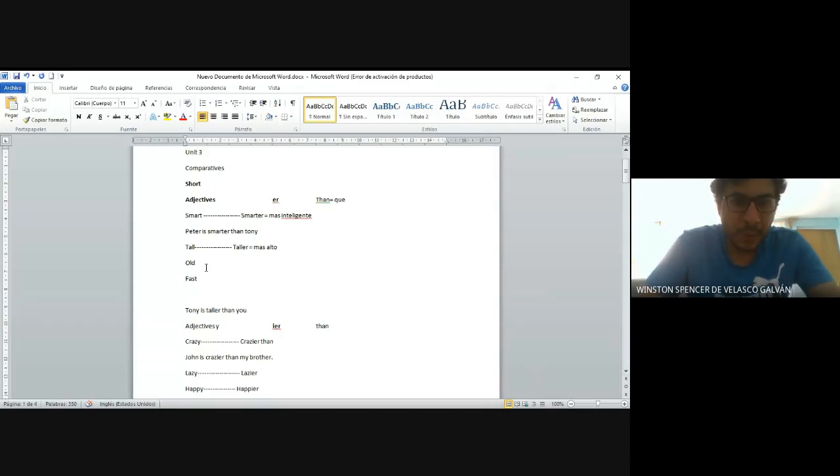So, we got old, and we got fast, and we got the following adjective. So, old, if you follow the structure, how is it going to change? Who can tell me through the chat? Old is going to change to how? If we add the rule, old is going to change to what? Tell me through the chat, please.